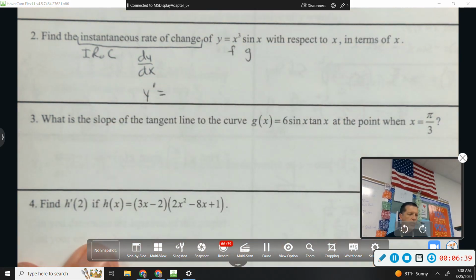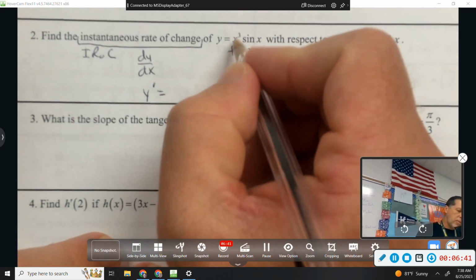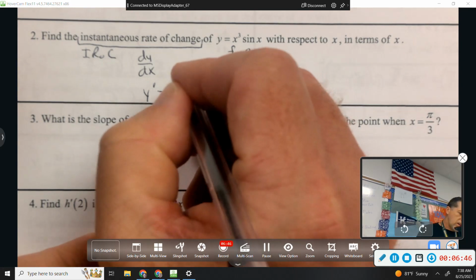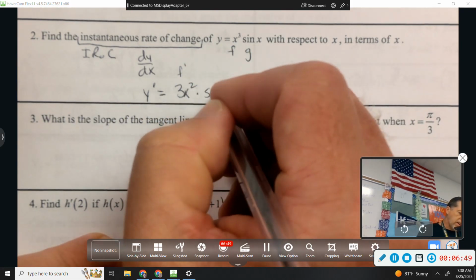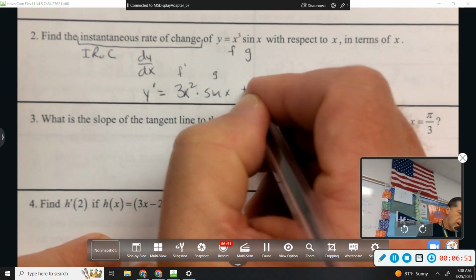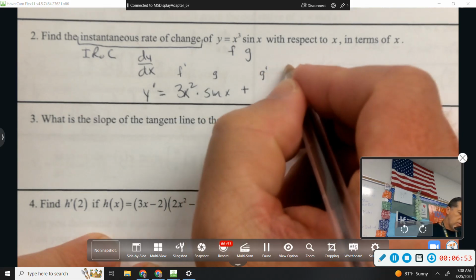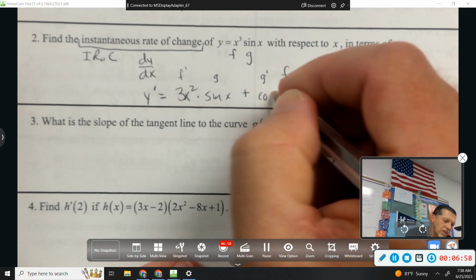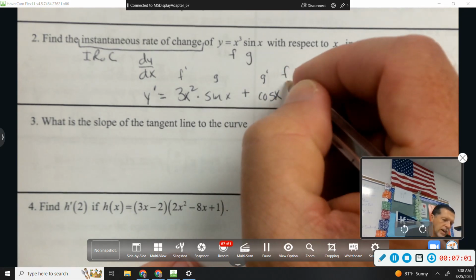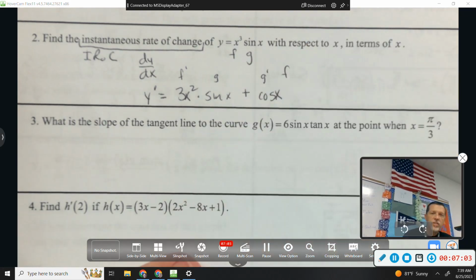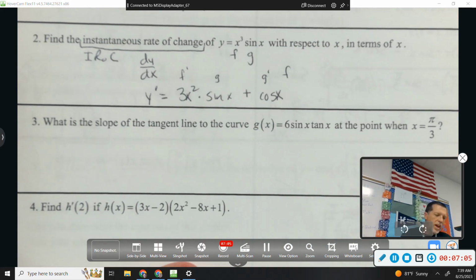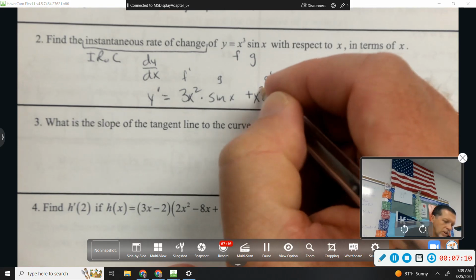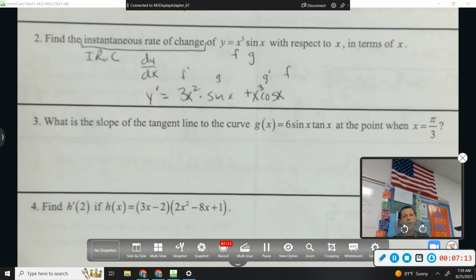So f prime g. f prime is 3x squared. g is sine of x. And then plus g prime f. Derivative of sine is cosine. Not the derivative of f, just the original f, x cubed. It looks weird to put x cubed at the end of a cosine, so I'm going to squeeze it in here at the beginning because that's how it would probably look.